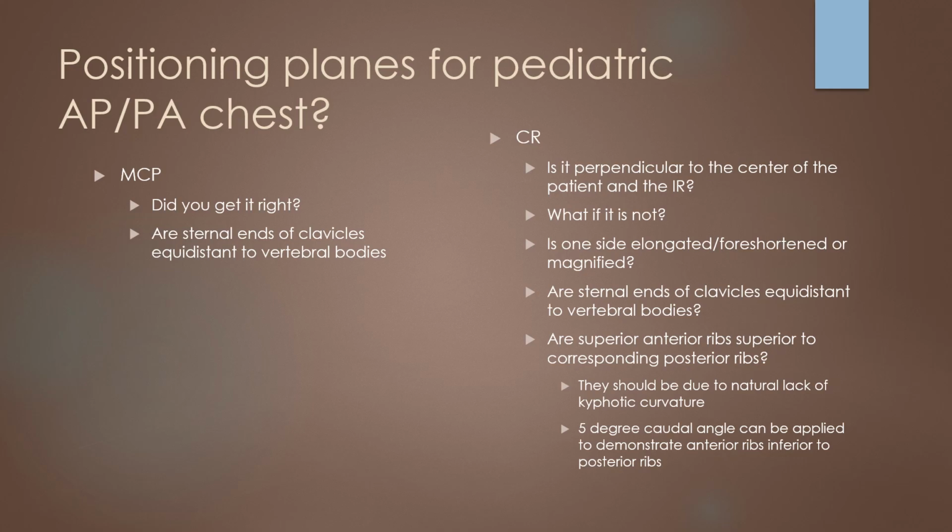We also find that the superior anterior ribs should be superior to the posterior ribs because of the anatomic differences in a neonate and early pediatric versus an adult. So we should see those superimposing. That would indicate that our angulation was appropriate and that we had the mid-coronal plane parallel to the image receptor.